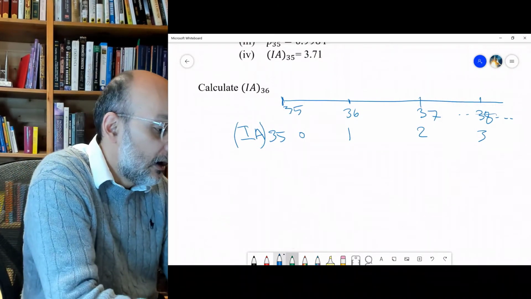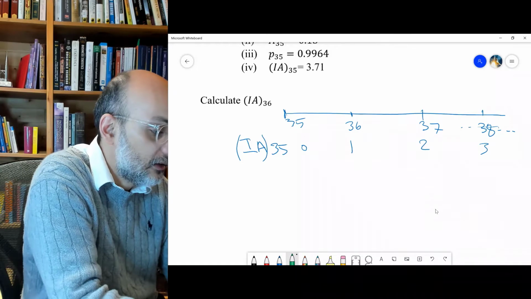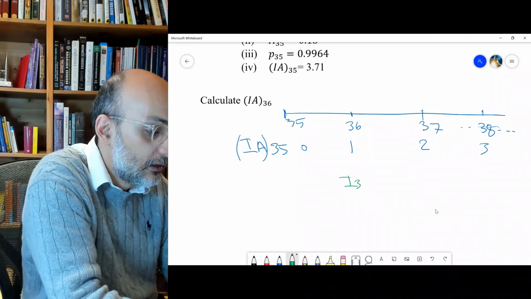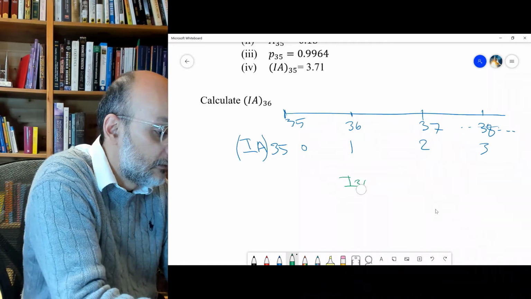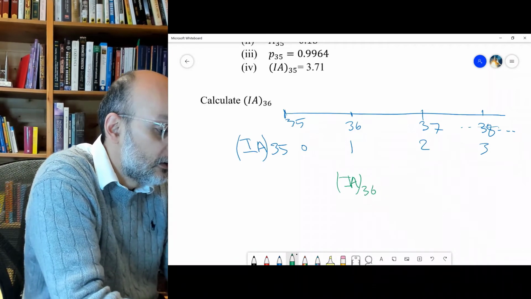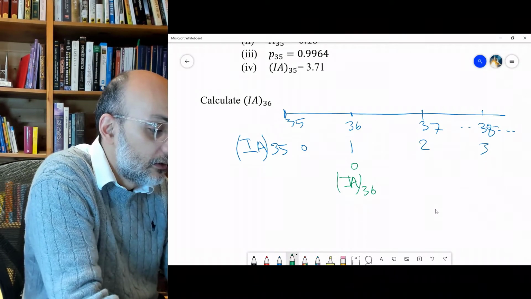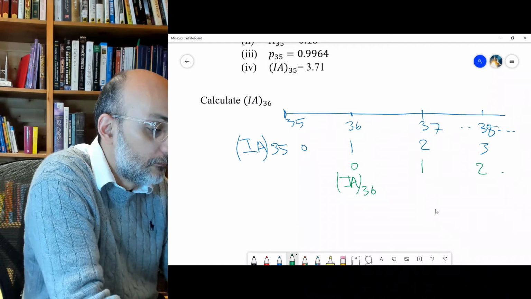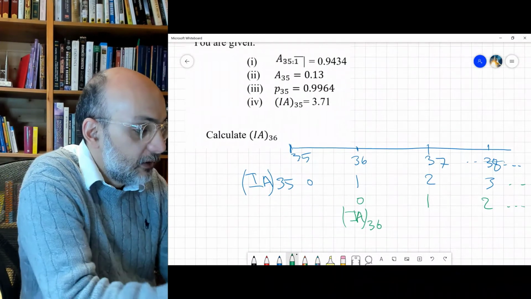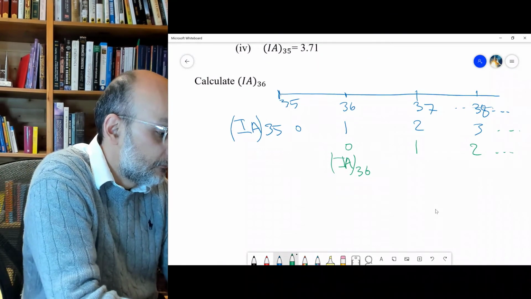Now let's look at IA36, because the question is asking us for IA36. IA36 gives you 0 here, 1, 2, and so on. Now what else do we have? We have A35. A35, the year of evaluation is here.